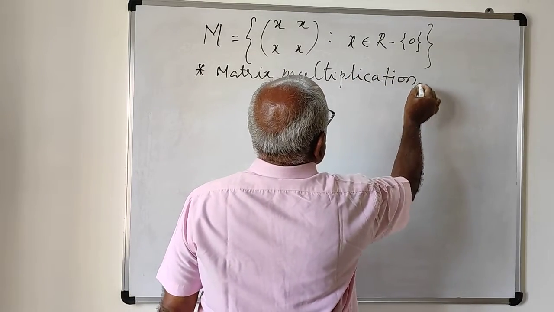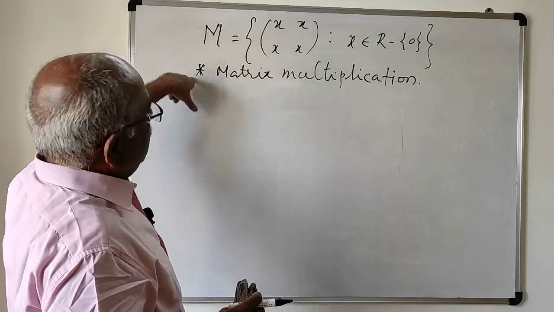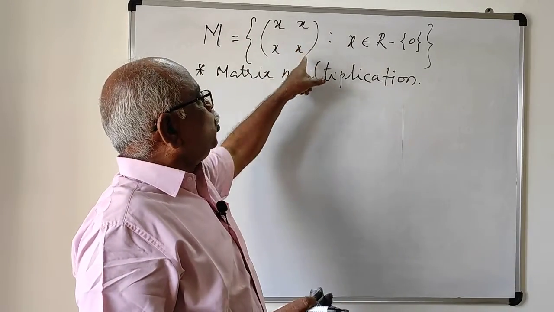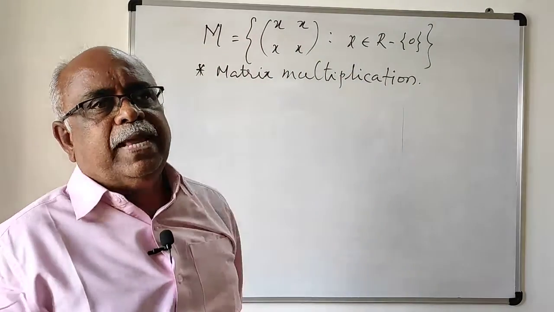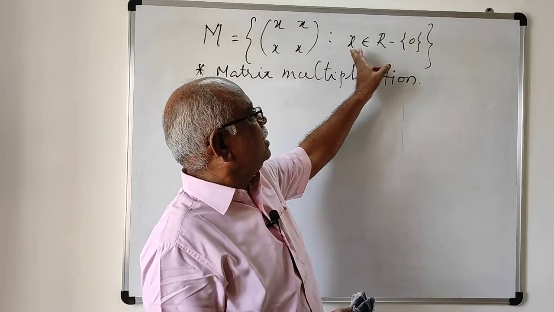Under this binary operation, matrix multiplication, the set M consists of all 2 by 2 matrices of the form x, where x is a real number except 0.